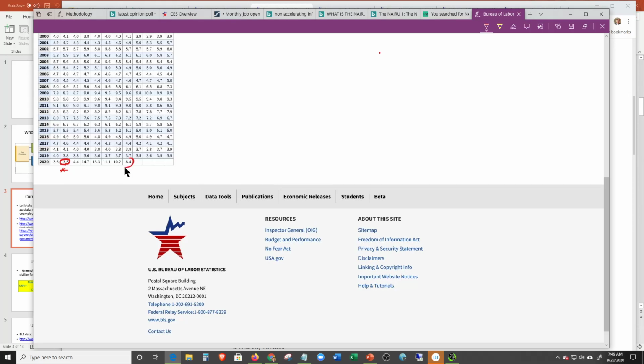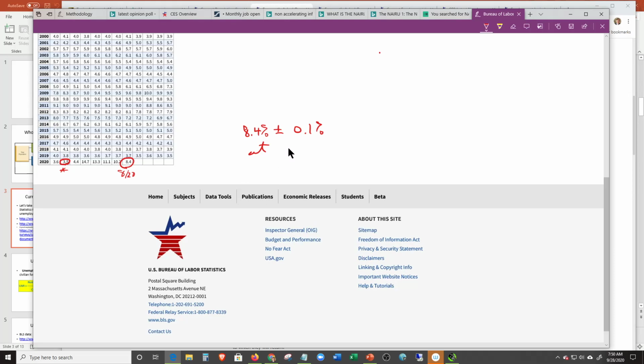Well, anyway, it's 8.4% in, let's see, January, February, March, April, May, June, July. So this is August of 2020. And what I wanted to say is when they say 8.4%, they say it's really 8.4% plus or minus 0.1%.